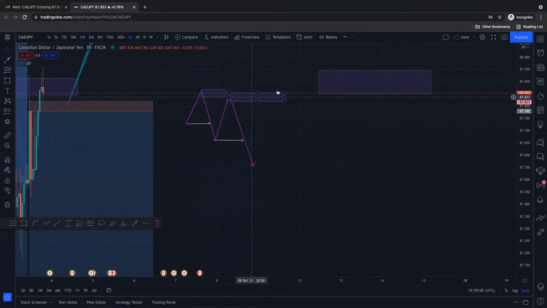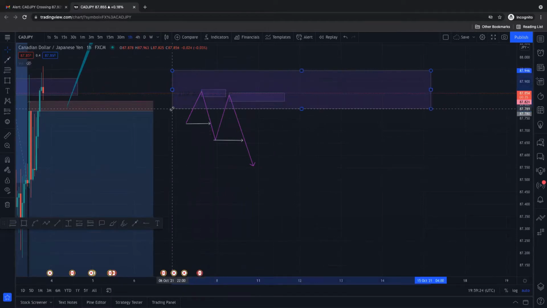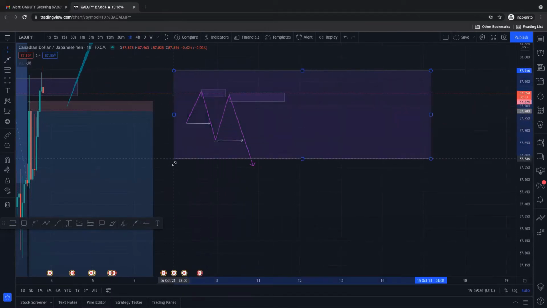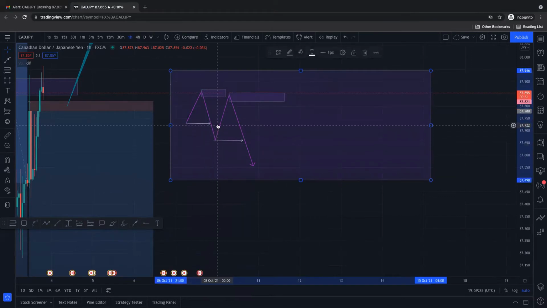Let's say your order block is daily. You need to see this entry pattern or entry criteria on this box on the 30-minute time frame. So when the price hits the daily order block, you want to see something like this within it on 30 minutes.